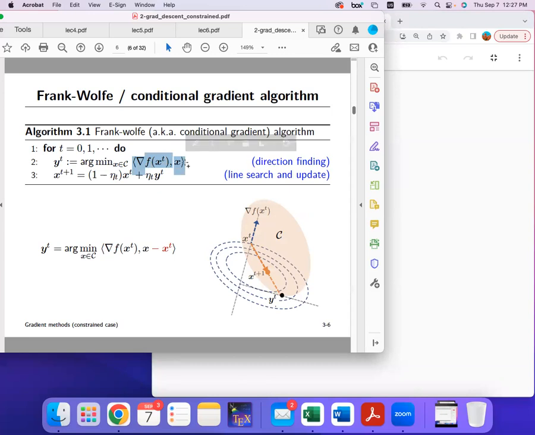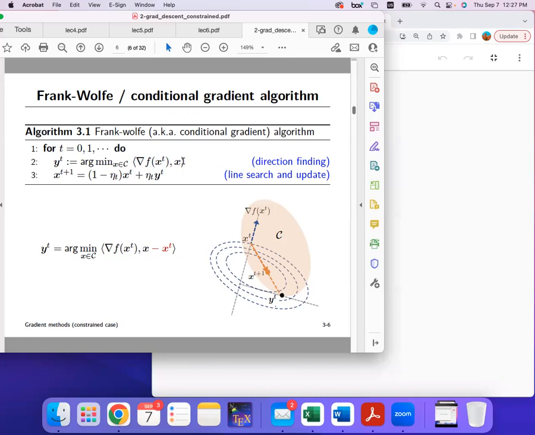The objective function is linear in X, and it depends on the gradient of the function at your current iteration, gradient f at xt. We need to minimize this linear function over the constraint set.